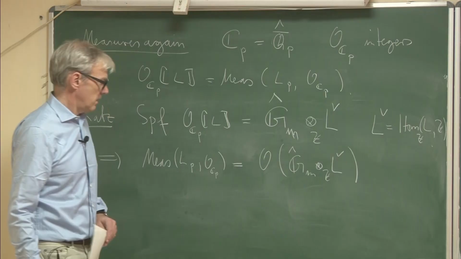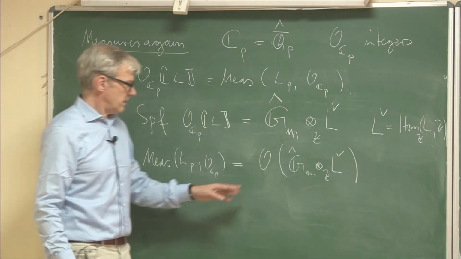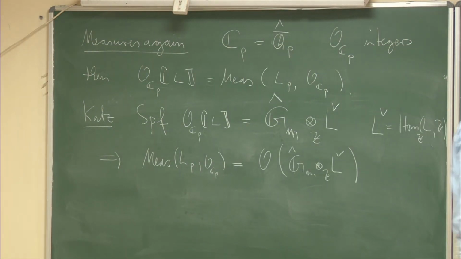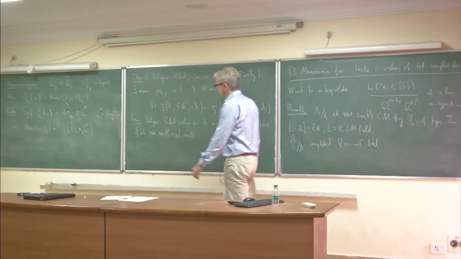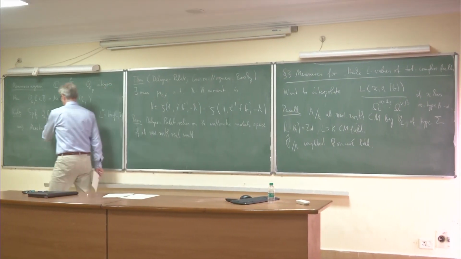Yeah, that's again another kind of Fourier transform somehow. So if we have a function on the formal torus, we get a measure.